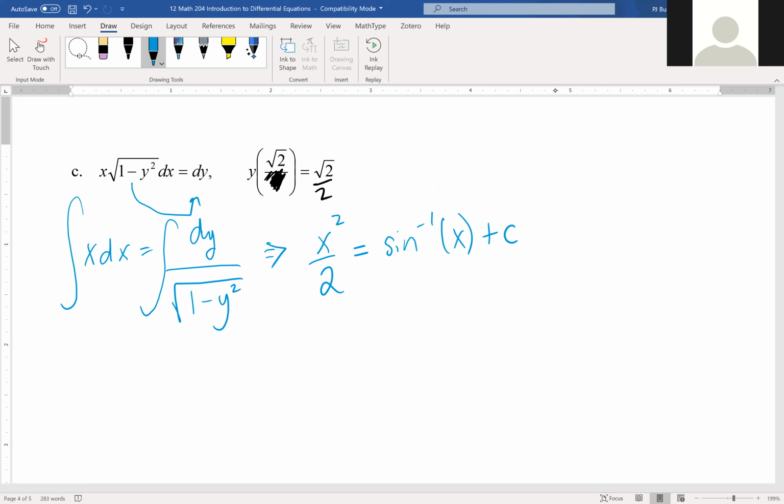We need to find c. So, let's see if I fixed this or screwed it up. Yeah, this is good. Okay. So if x is square root of 2, square root of 2 squared over 2 has to equal inverse sine of square root of 2 over 2 plus c.